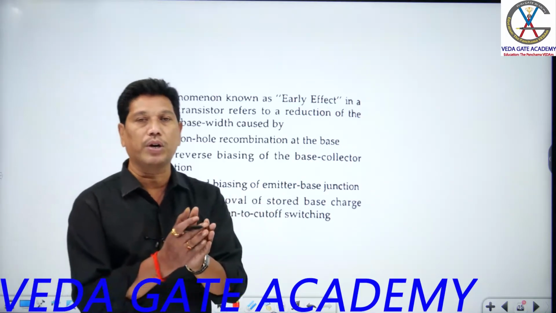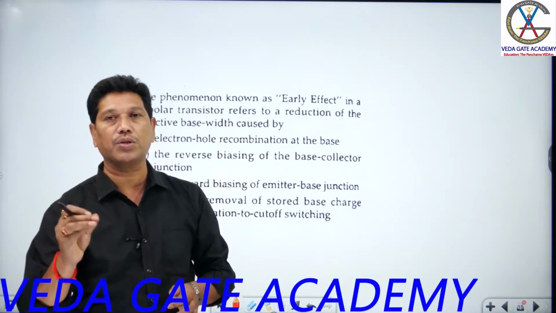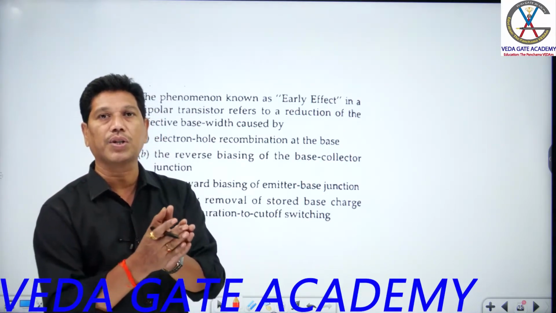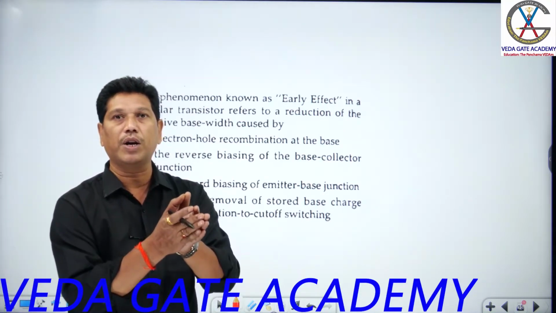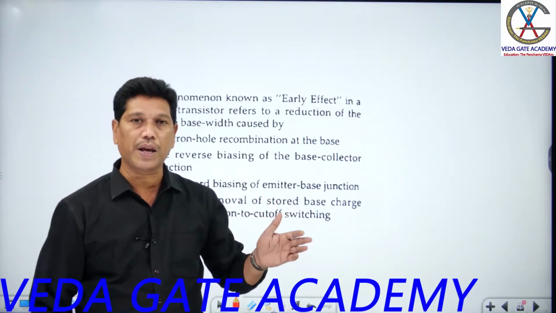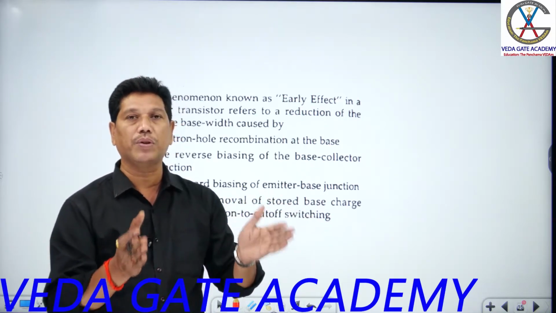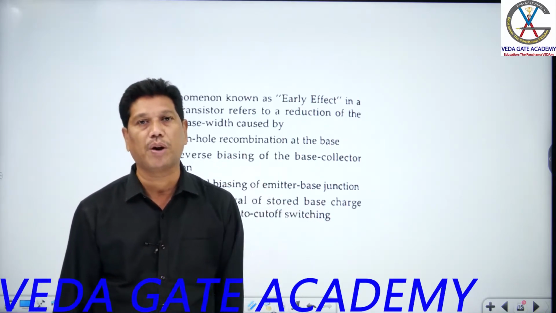The base width is reduced according to base width modulation by having a reverse bias across the collector junction. With the reverse bias collector junction, because the collector is somewhat highly doped compared to the base, the base width is going to be occupied by the barrier with the increase of reverse bias collector voltage, such that the effective base width decreases. That is considered base width modulation.